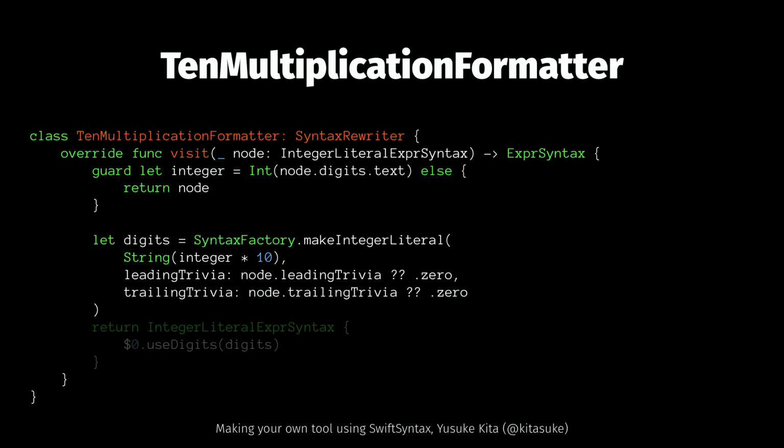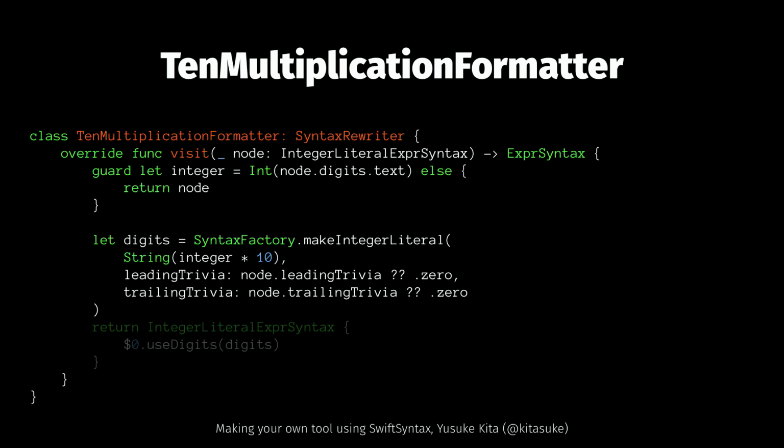Like I said, you can access the raw value by looking at node.digits.text so that you can get the actual value as a string, and then you have to cast it to int. After that, when we make a new syntax node, we have to multiply that by 10, which is this line, right?